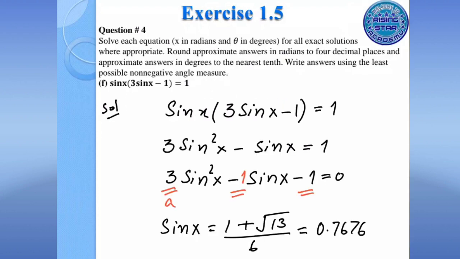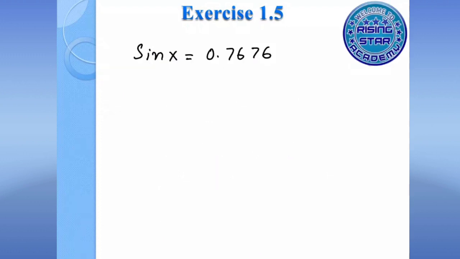So now we will simplify both functions. First of all, we will simplify this function for sine of x equal to 0.7676. We know that the sine is positive here, and the sine positive will lie in the first and the second quadrant. So let's simplify. Now we will find the basic angle alpha. We will write sine inverse of 0.7676.